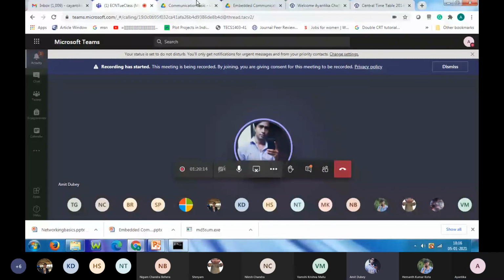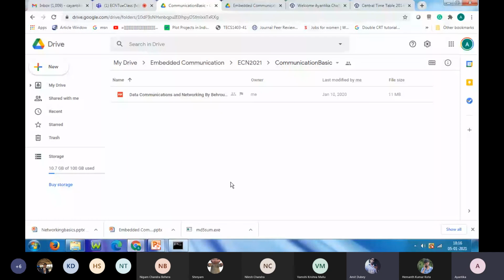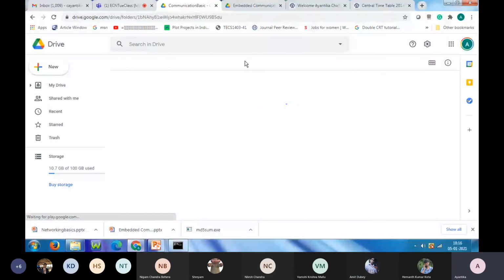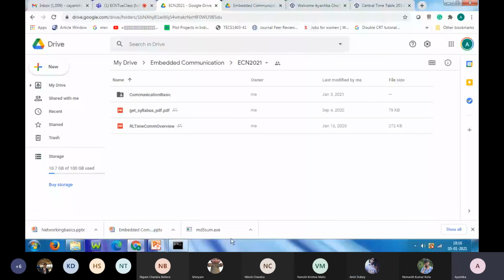We don't find any book in that folder. Can you please check? Okay, you cannot see the file. Ma'am, we can see the folder, but we can't find the file in it.